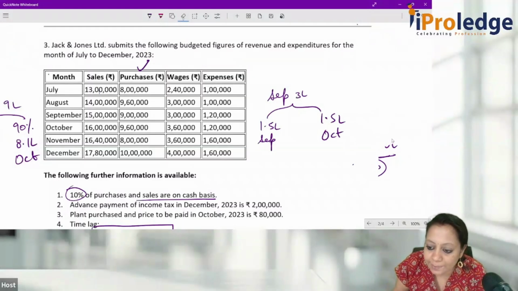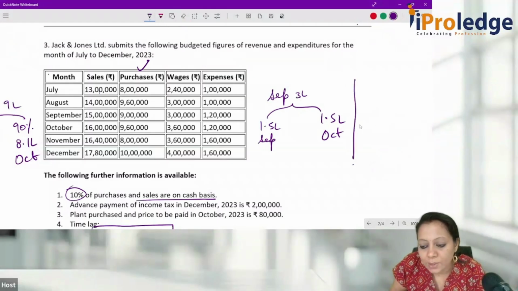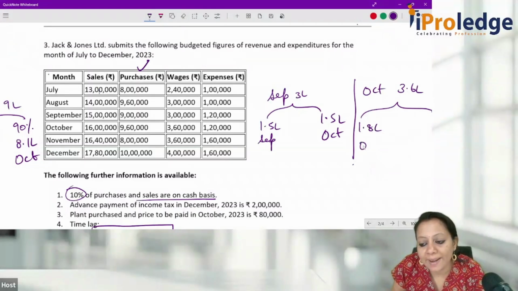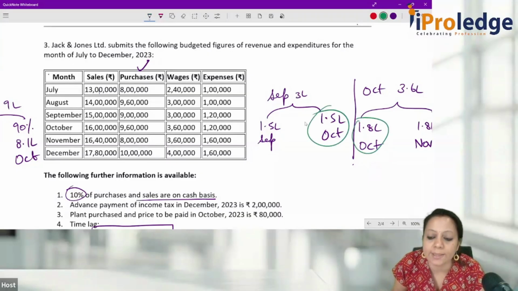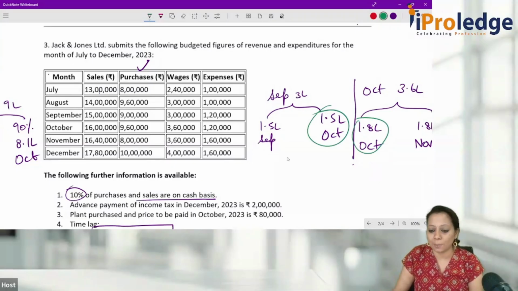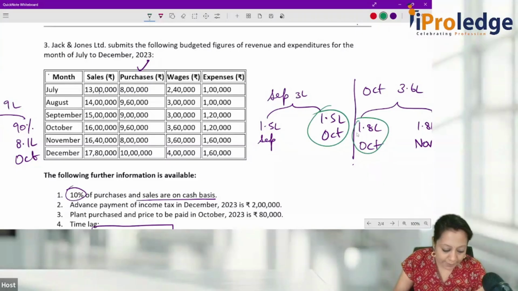Not only that, this is one side. October month, what is the wages? 3 lakh 60,000. Out of this, 1.8 lakhs will be paid in October and 1.8 lakhs will be paid in November. So for October month, what should I consider? This plus this. Am I correct, students? Yes, super. Anyone who wants to write, let them write. And then I will proceed quickly.